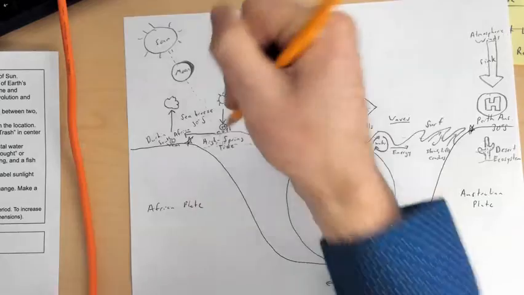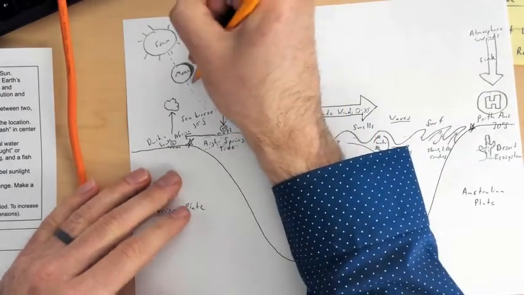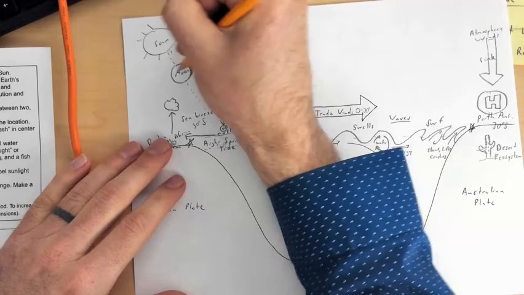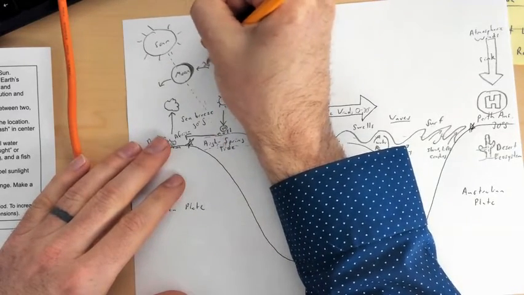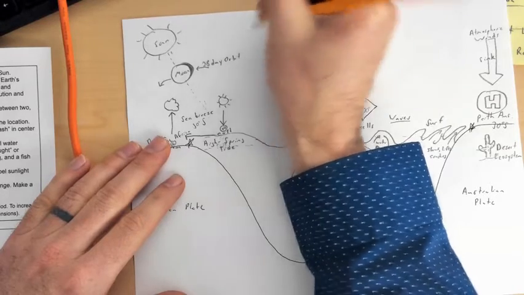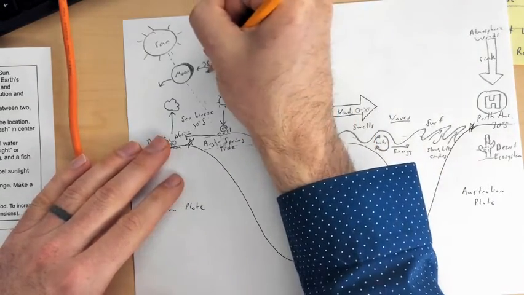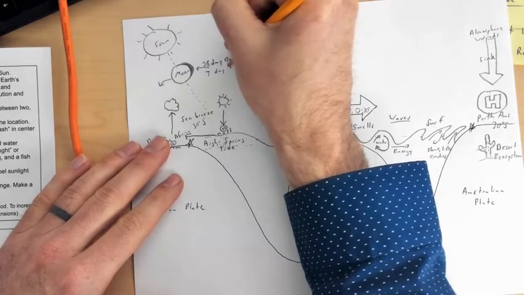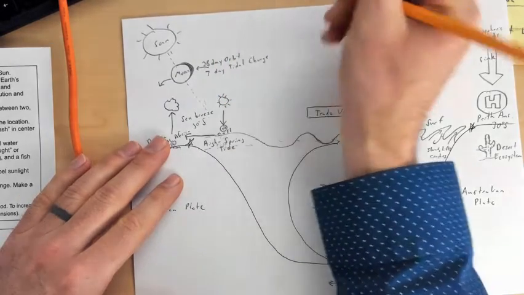But we also get spring tides when we have a full moon. Now, this moon is orbiting the Earth every 28 days, or just about a month. So since it's orbiting that 28 days, fluctuating between two springs and two neaps, that means there's a 7-day tidal change for the spring and neap tides.